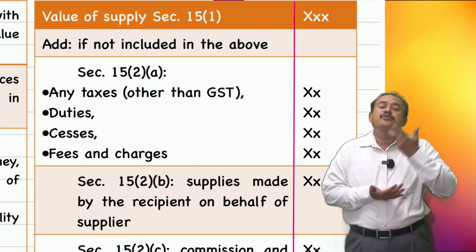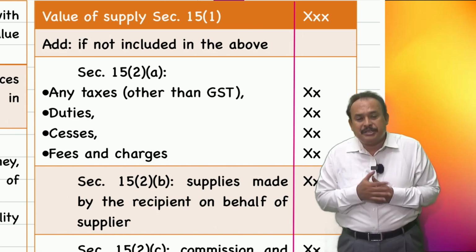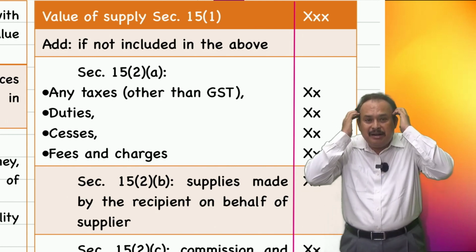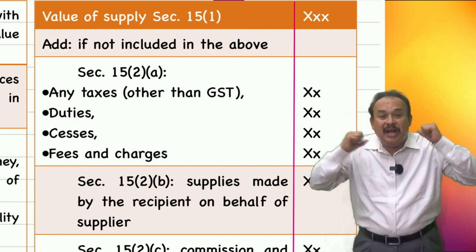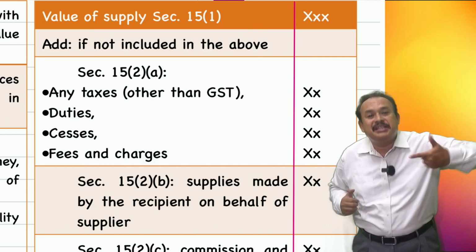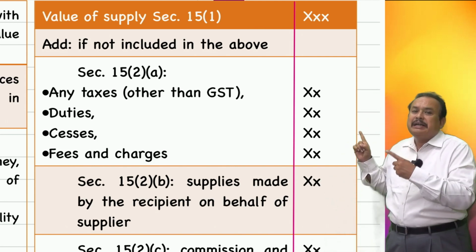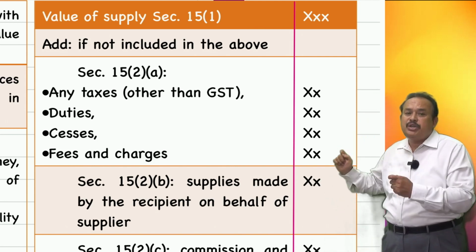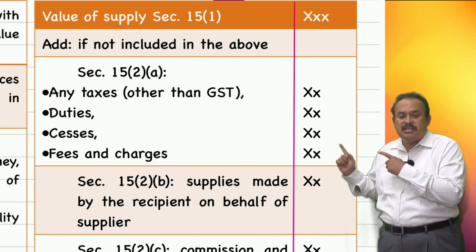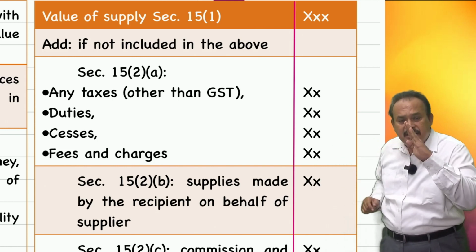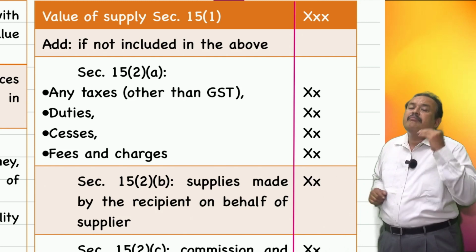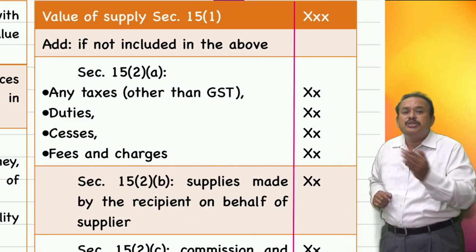CGST, SGST 14% each, effectively 28%. Now this seller got a doubt on what value I should apply the GST. Here section 15 subsection 2 clause A says any taxes other than GST taxes should be added.